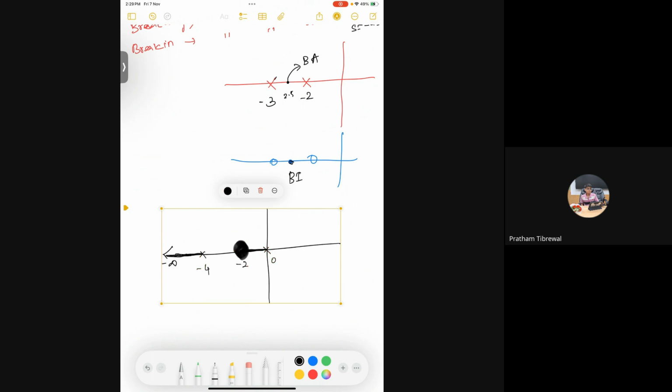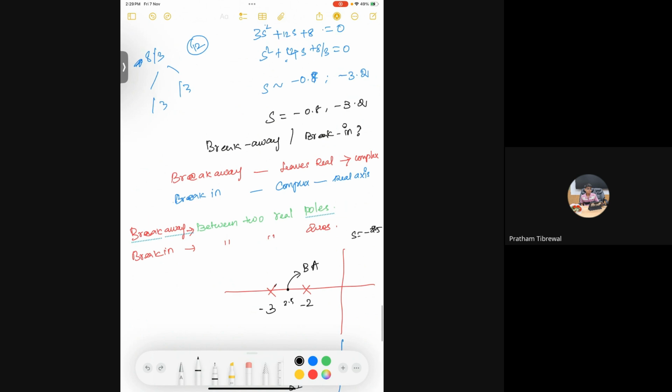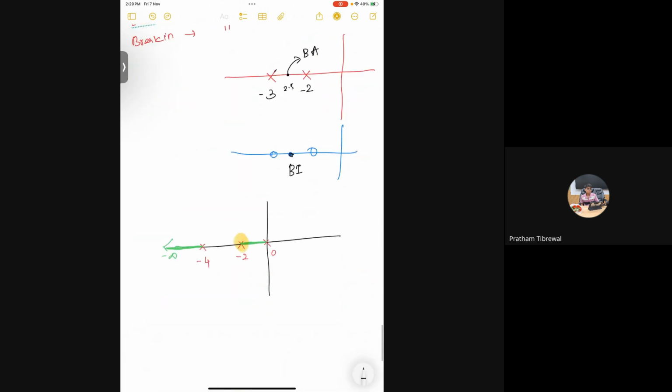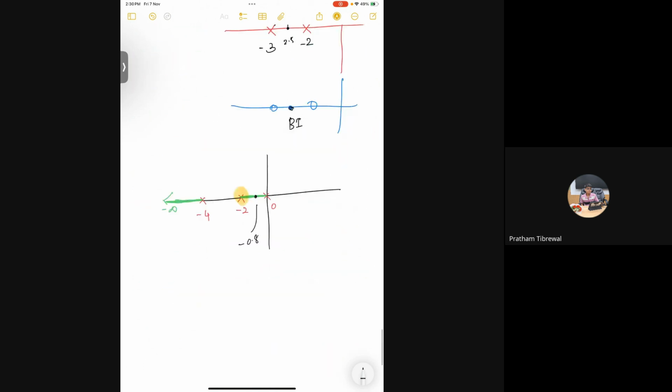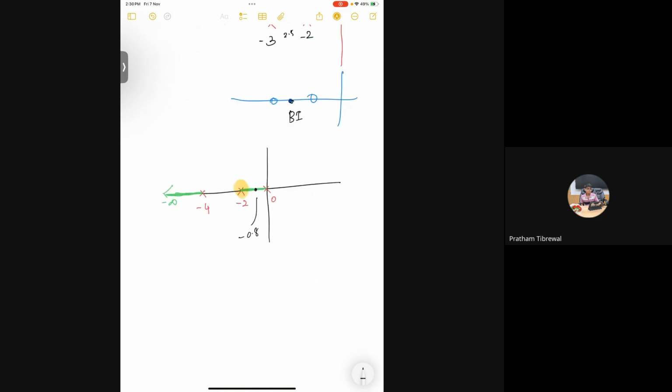Now I found this point minus 0.8, where it can come here somewhere. This will be minus 0.8. And I found another one, minus 3.2. Here somewhere, this is minus 3.2.